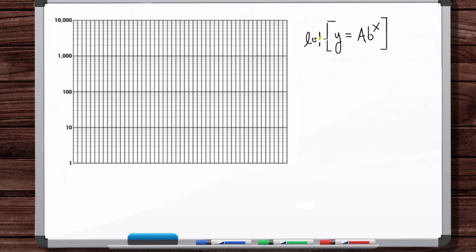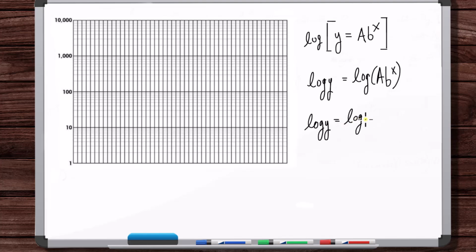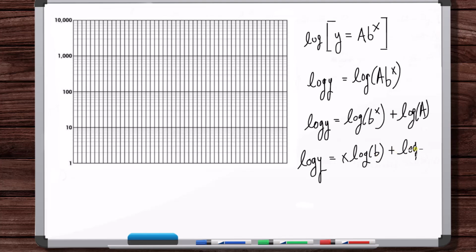of this entire equation. So we've got log y is equal to log of a times b to the x. Now using properties of logarithms, we can write this as log a plus x log b.